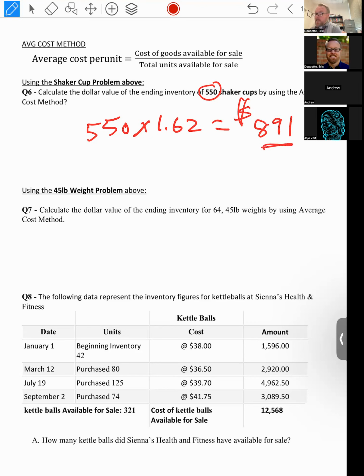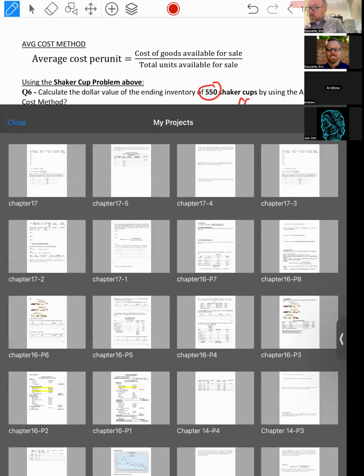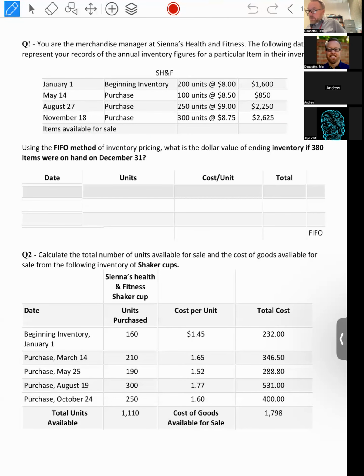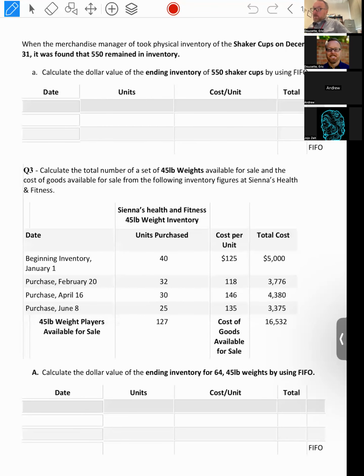Same thing with the weights. So if I go back to the weight problem, is it this one here? No, that's not it. That's my shaker cup. So it's the next page. Hold on. Here we go. So here's my weights.